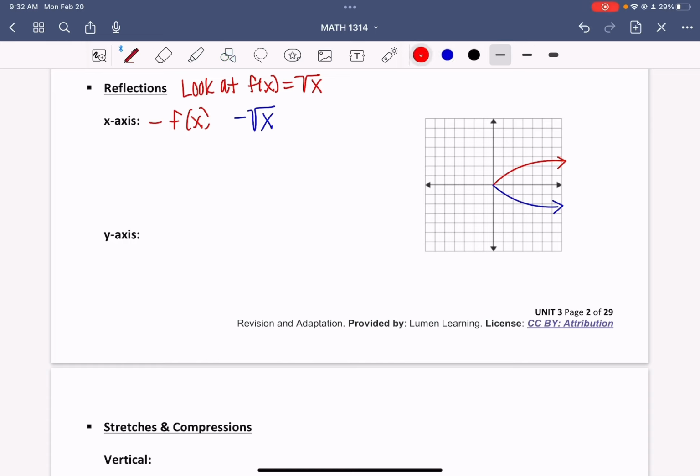And so let's look at what does the y-axis one look like. That is when it has the negative on the inside. So again, if I look at the negative on the inside of the square root, that would create a reflection over, that would create it over here.